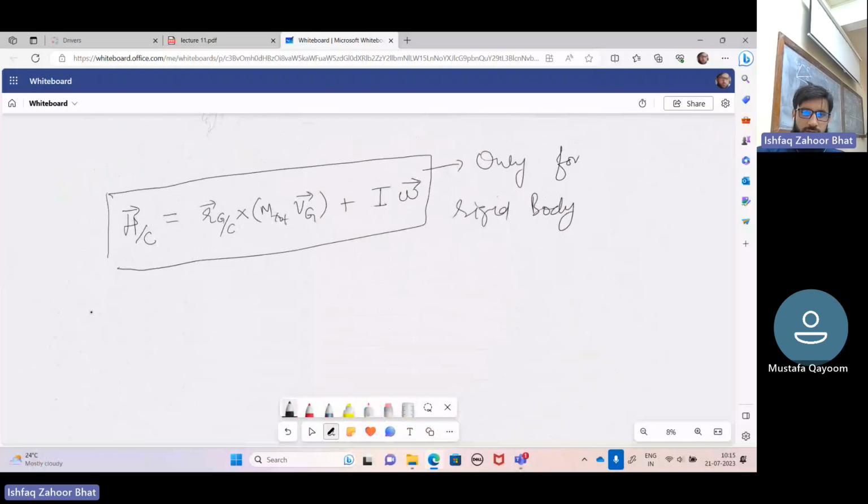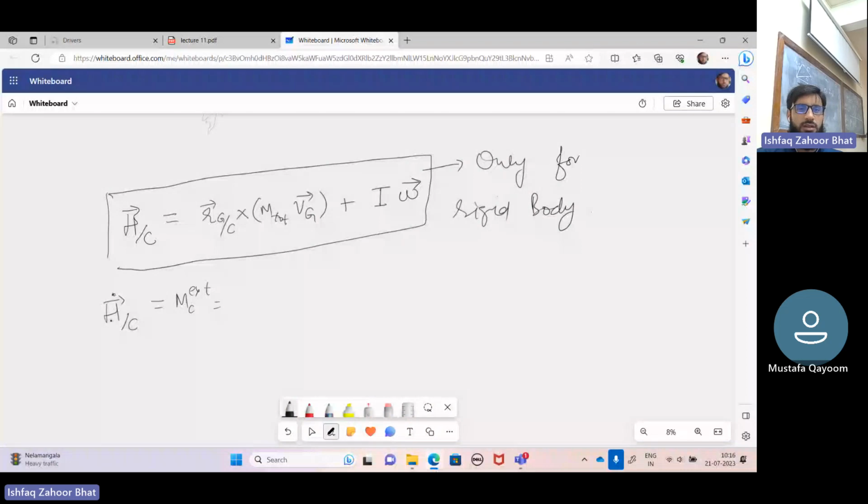Okay, so this should be among the good points, and from this we can show, and this is also something you can work out, that Hc dot, that is the rate of change of the angular momentum, is equal to Mc external. We will see why I am taking the derivative, because we will be knowing the external moments on the body.